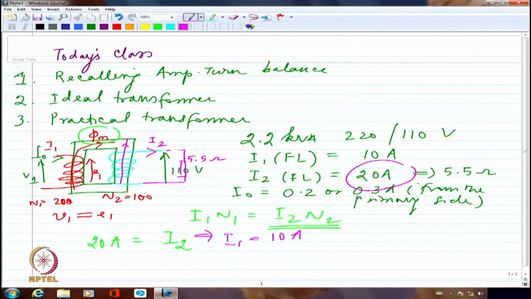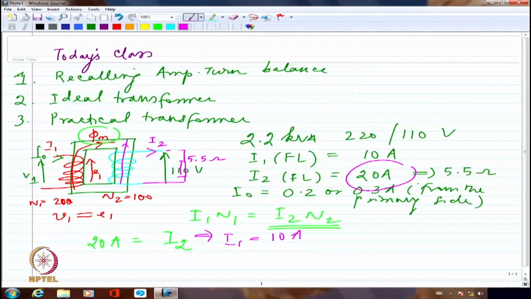So definitely it will not be even 10.2 or 10.3. It will be 10 square plus 0.2 square, along with their own power factor angles and so forth. That is what will be the total current. And the total current definitely will be very, very close to 10. So I can literally neglect I0.